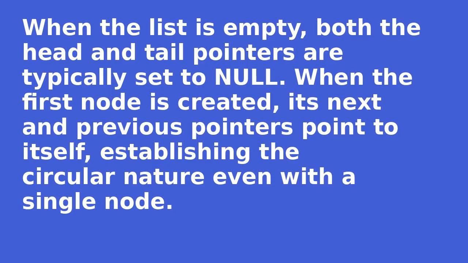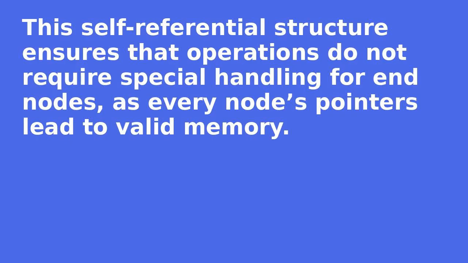When the list is empty, both the head and tail pointers are typically set to null. When the first node is created, its next and previous pointers point to itself, establishing the circular nature even with a single node. This self-referential structure ensures that operations do not require special handling for end nodes, as every node's pointers lead to valid memory.